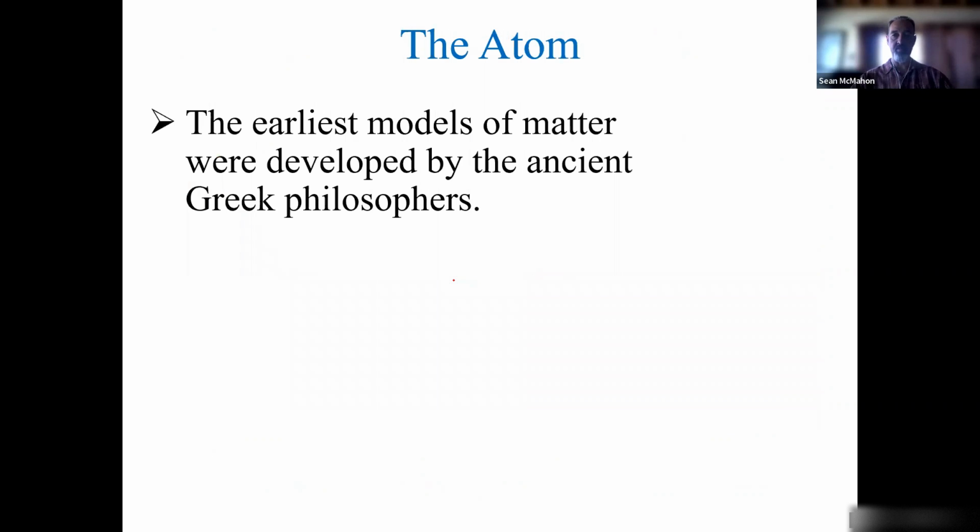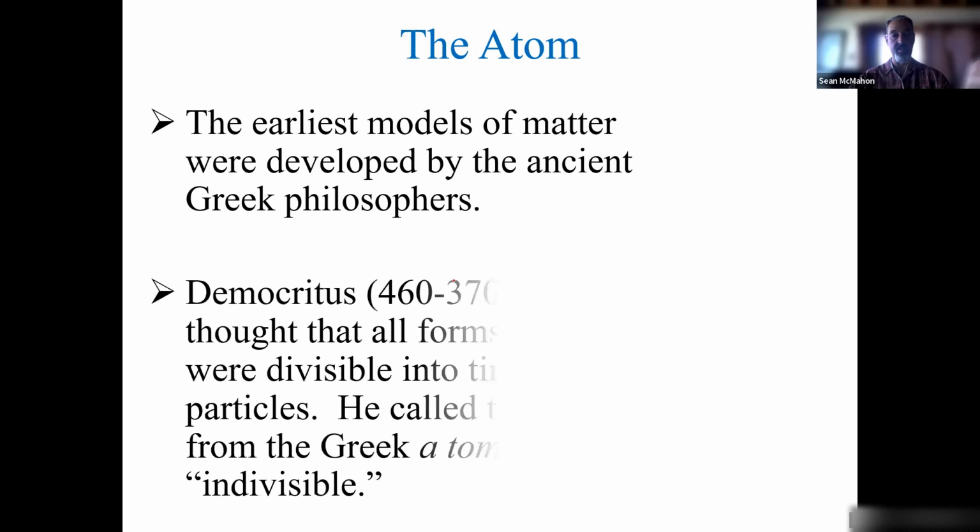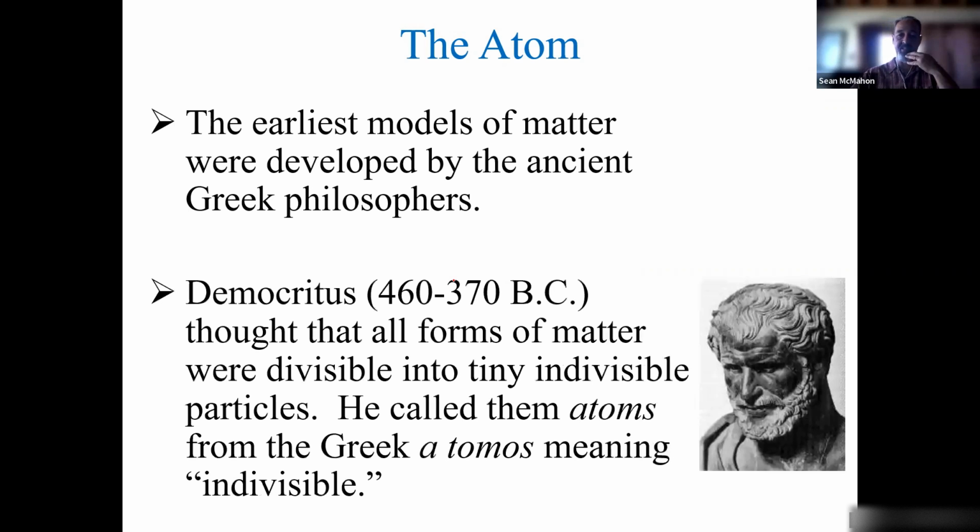Okay, so we're talking about the periodic table. We're using it to identify things. Now, right, the earliest models of matter were developed, believe it or not, by Greek philosophers, okay? So Democritus, this is crazy, like 400 BC, 400 years before our calendar even started, AD, they didn't have microscopes.